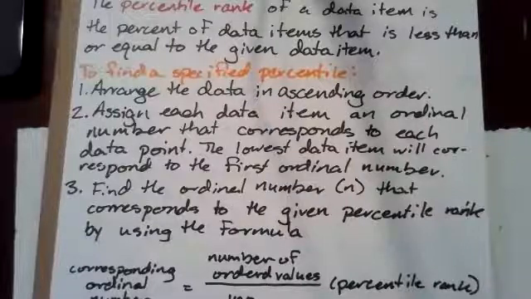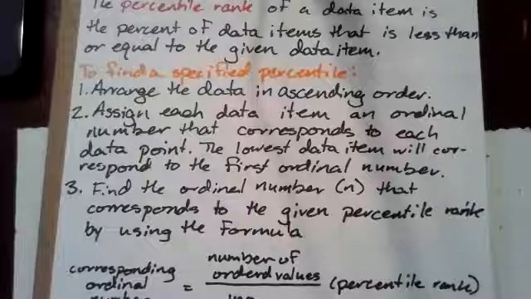the given data item. To find a specified percentile, first arrange the data in ascending order, then assign each data item an ordinal number that corresponds to each data point. The lowest data item will correspond to the first ordinal number.